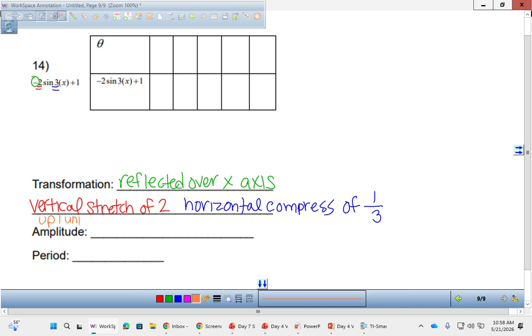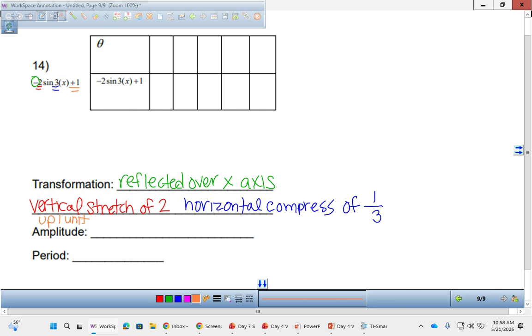And that's going to make it go up 1 unit. And that's this one. I think the hardest ones are the horizontal stretch and compress and the phase change, the x value changes.